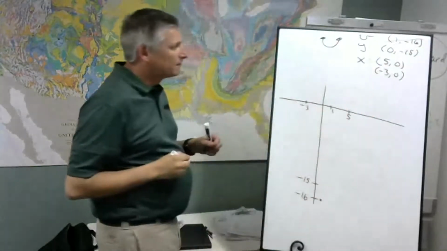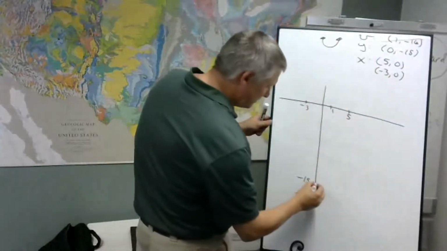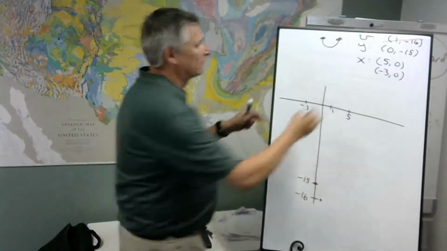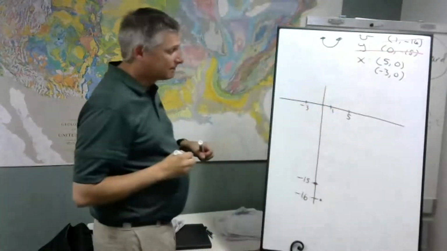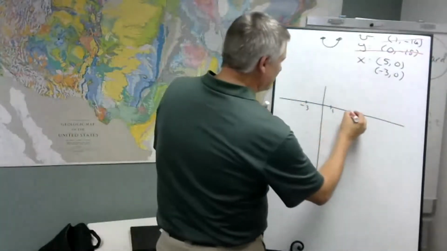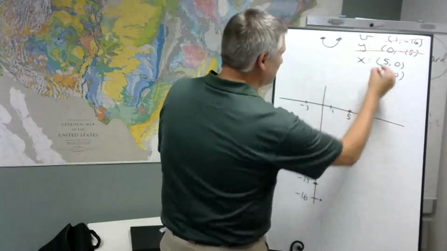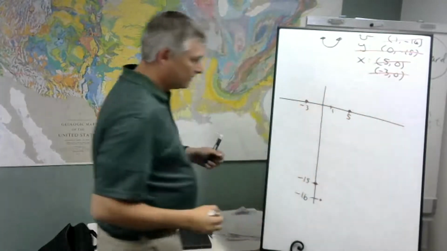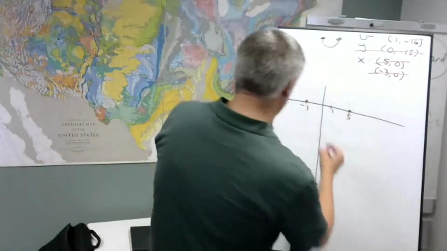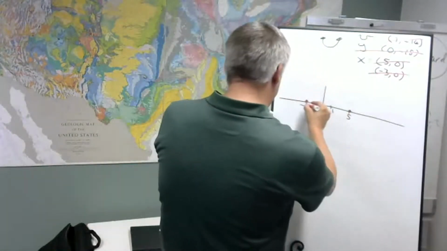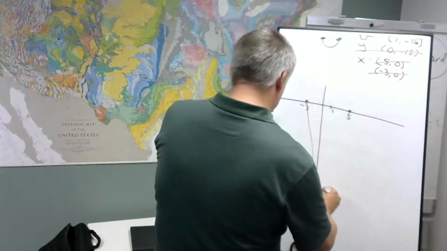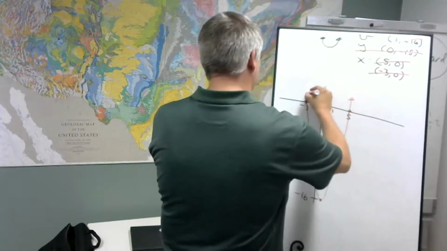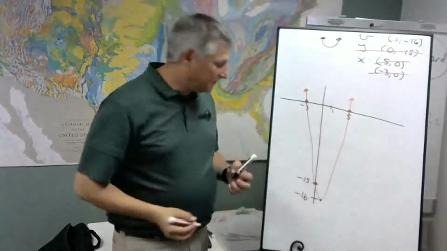So we've got that point. There's a y-intercept at 0, negative 15. So we've got that. X-intercept, 5 and 0, negative 3 and 0. So putting these together, what we're going to get for a rough graph, very rough graph, is something like this.